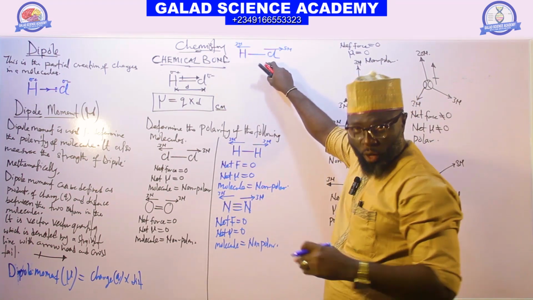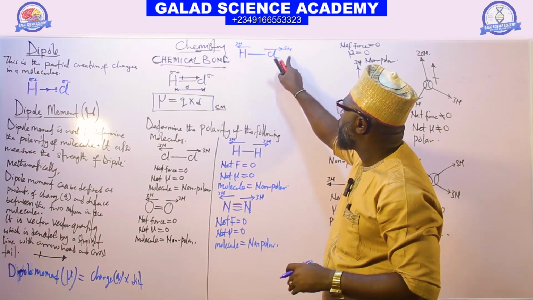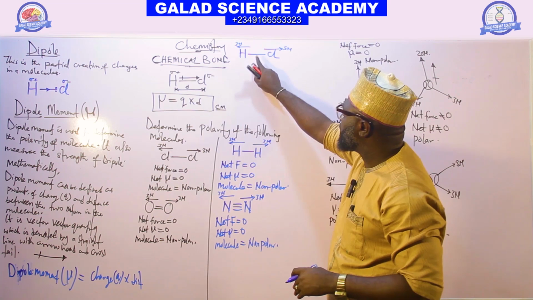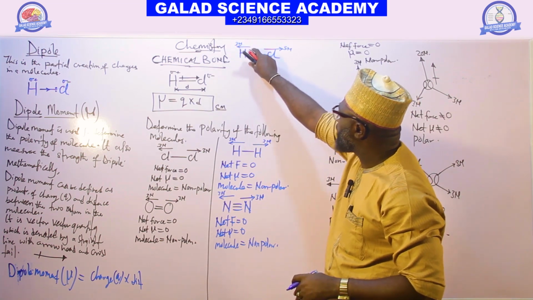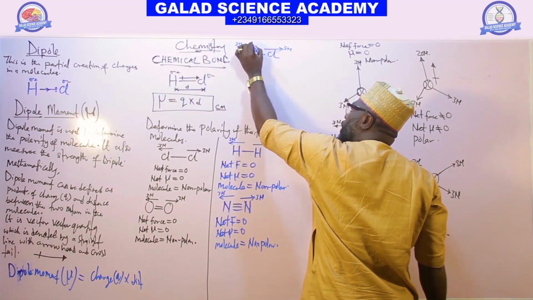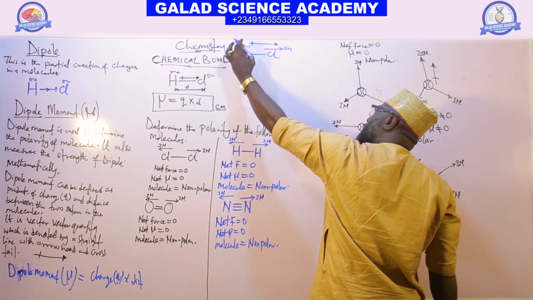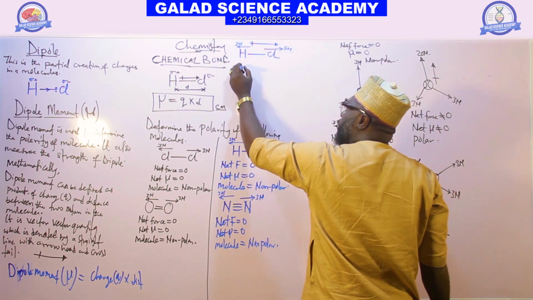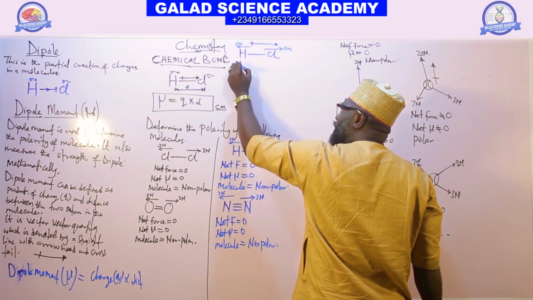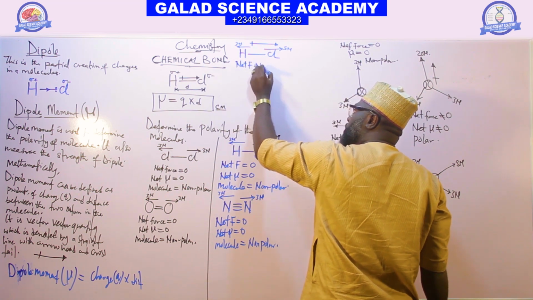You don't have to assume the value. So at the end of the day, the bond will shift to this side. So you now put your dipole symbol like this. This is the dipole symbol. That is what it should shift like this. Therefore, the net force here is not equal to 0.